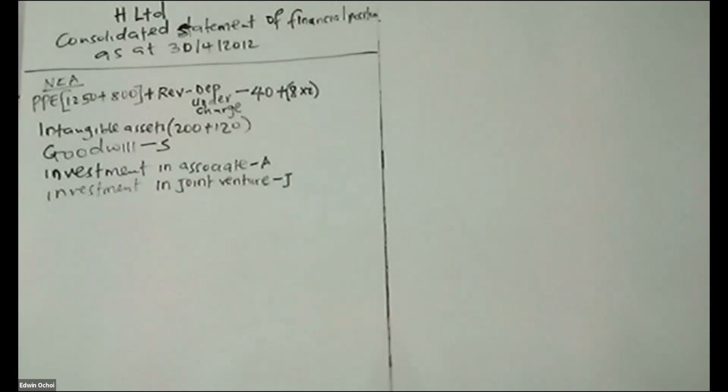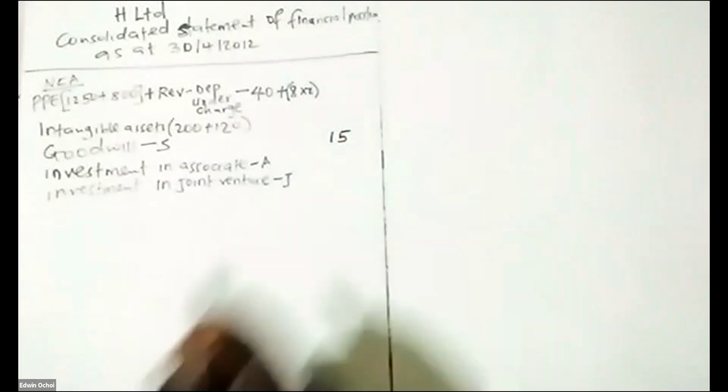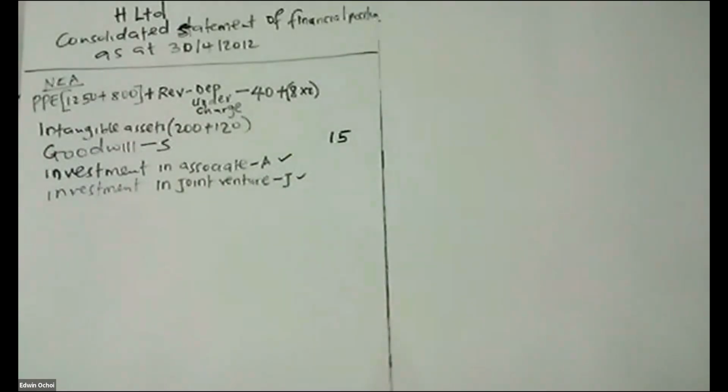But goodwill for S, I remember we got, goodwill for S was, is it 15? So this one was 15. So for this and this, we need to do working using the equity method. I will show you. The equity method is the one which you use to account for associates and joint ventures.